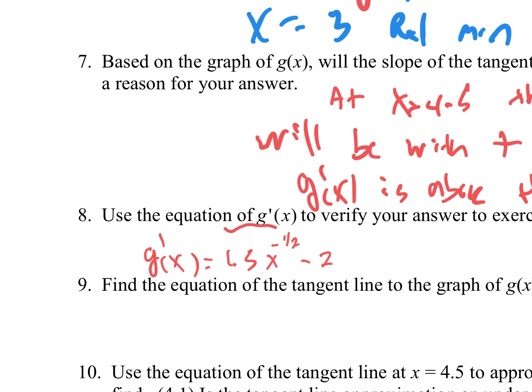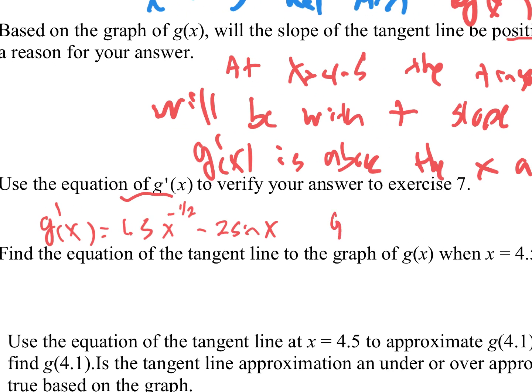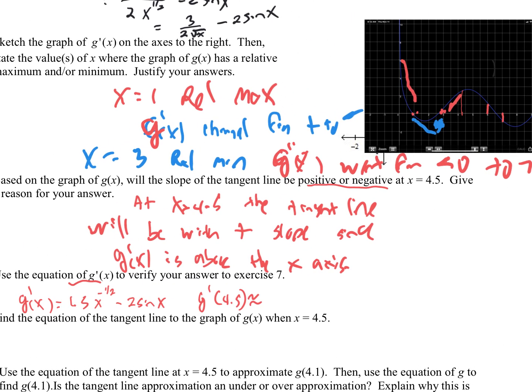Oh, sine, I'm sorry, sine of x. So I'm going to go g prime at 4.5 is approximately, and I'm going to go to my calculator. I already have the derivative in the calculator. That's how I got that graph. So I'm just going to go to the calculator. So let me pause it.